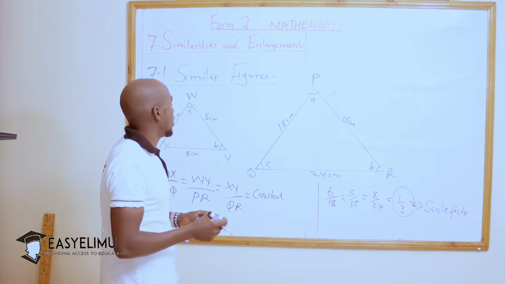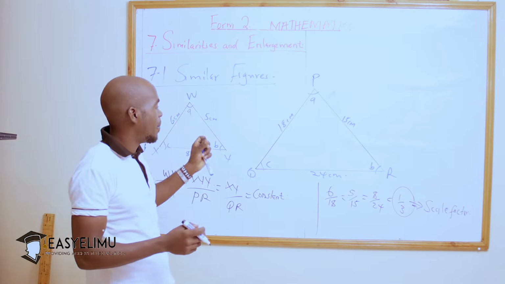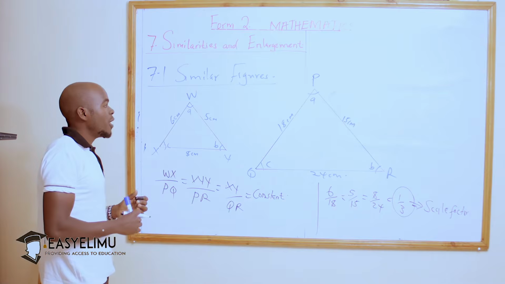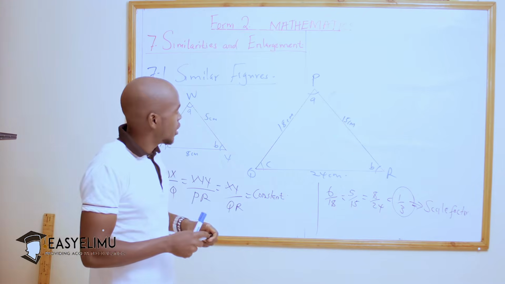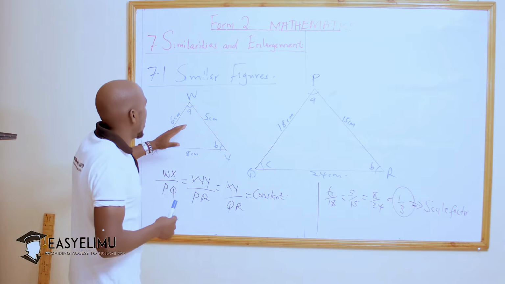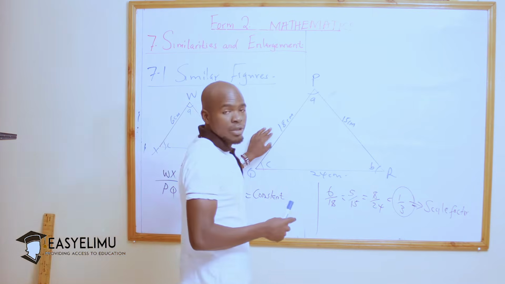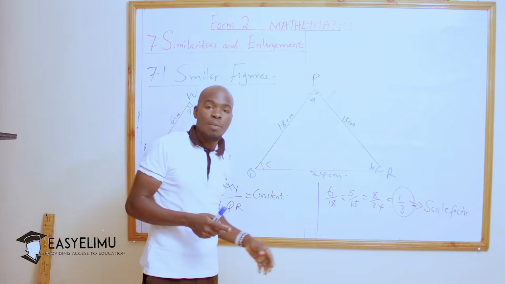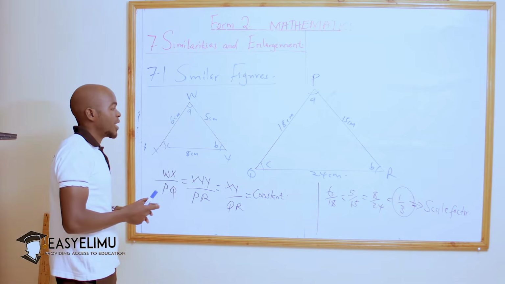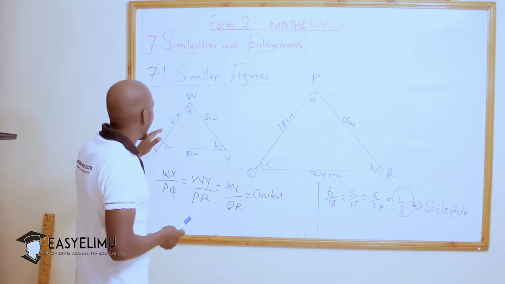This can be applied in mathematics, in that you will be given two similar figures. You may be given some sides or angles, with some missing, for one of the figures.